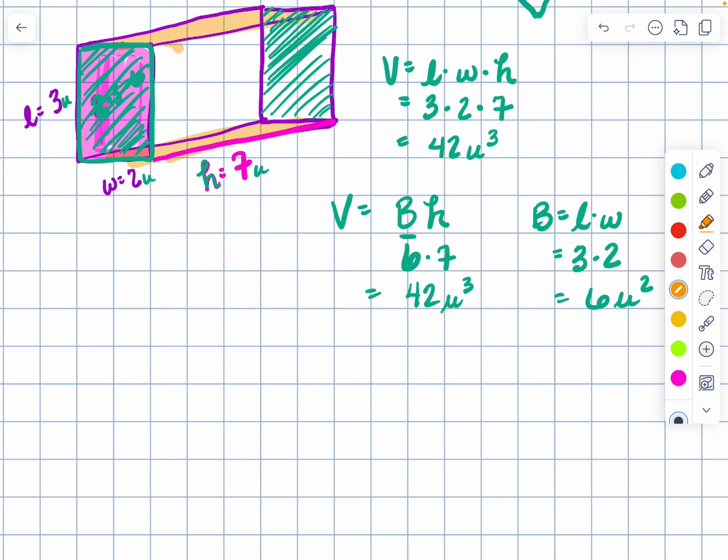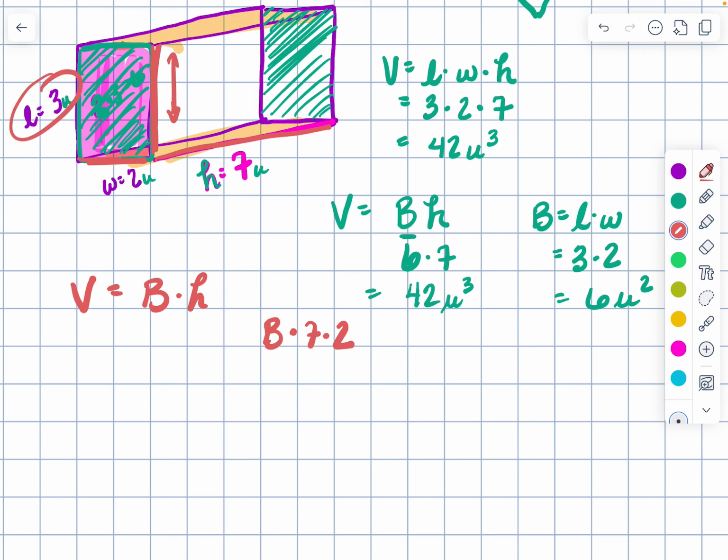In this case, our base is going to be this 7 and this 2. So I'm going to write this again. Volume equals area of the base times the height. The base is equal to 7 times 2. And the height now is the distance between these two bases, from here to here, and that distance is 3.